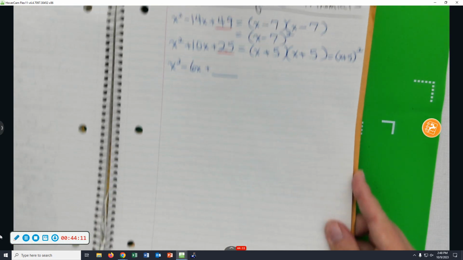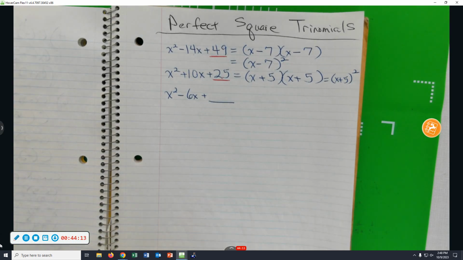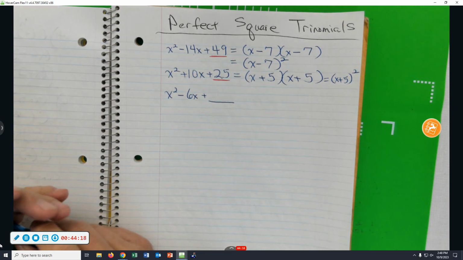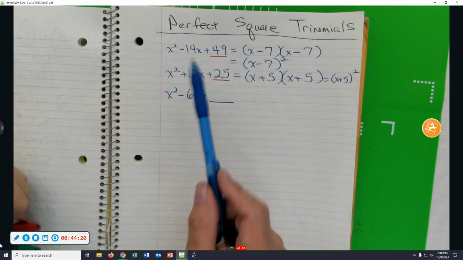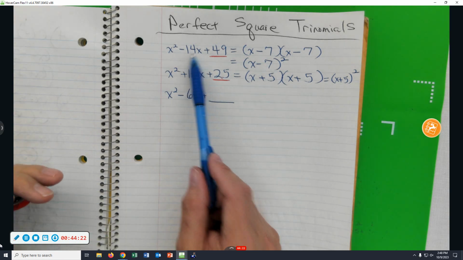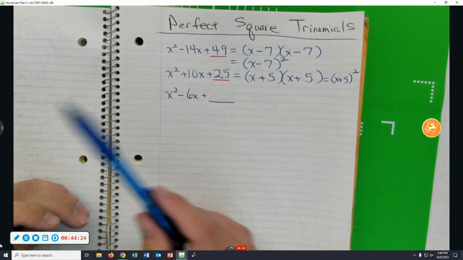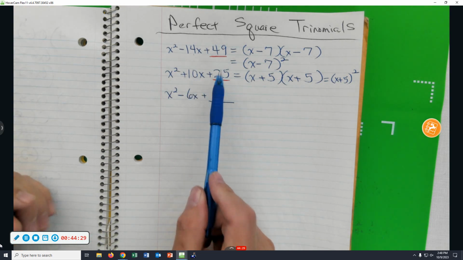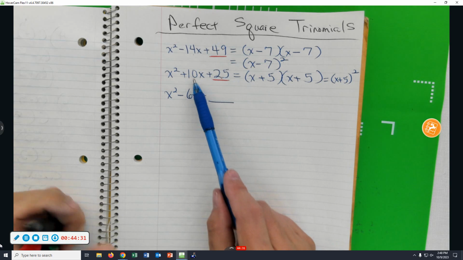We're trying to figure out what number goes there. What do we do to 14 to come up with 49? Maybe it's more obvious. What can we do to 10 to get to 25? It's two things. Notice something.